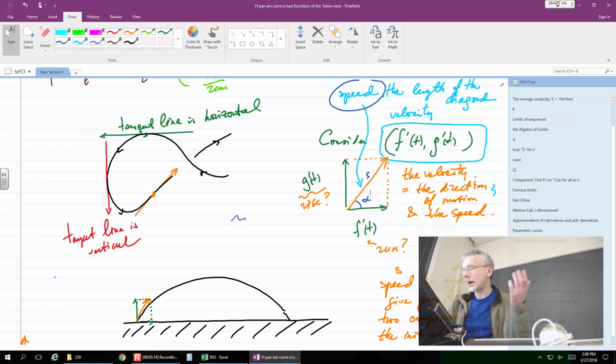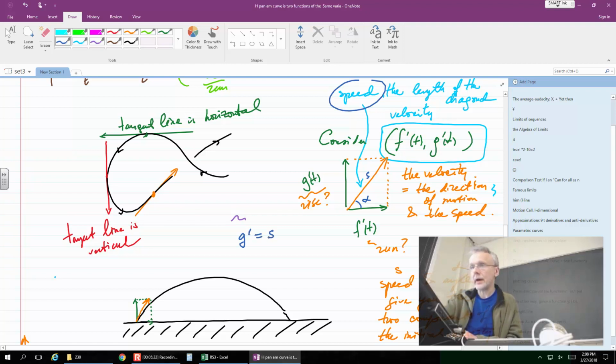Okay, so g prime is equal to s. Well, let's start with f. So f prime on the x-axis is s times cosine alpha, and g prime is s sine alpha.